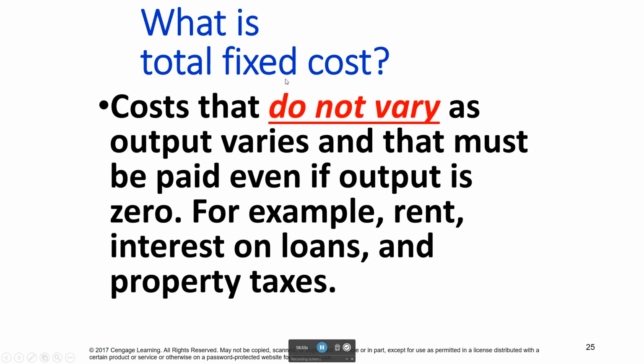Let's say I'm renting a factory and it costs me $1,000 a month to rent the building. That would be a total fixed cost because I have a 1-year lease and I can't get out of it. Even if I shut the business down and don't produce any output, I still have to pay $1,000 a month. So in that case, $1,000 a month would be my total fixed cost.